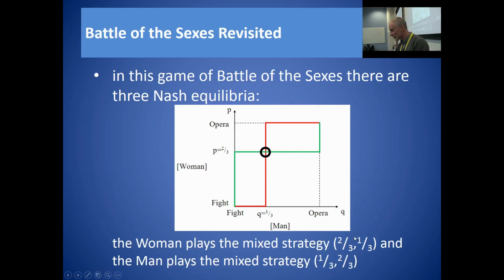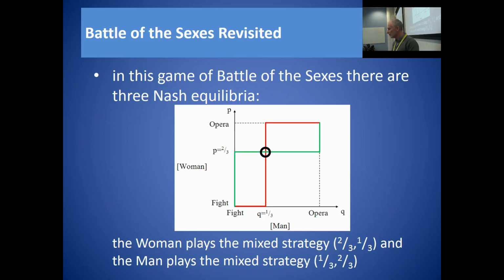So that's her mixed strategy there. 2/3, 1/3. The man, though, in this third Nash equilibrium, plays the mixed strategy where he goes to the opera with a probability of 1/3. And, by extension, he then goes to the prize fight with a probability of 2/3. So that is the third and final Nash equilibrium in that game.